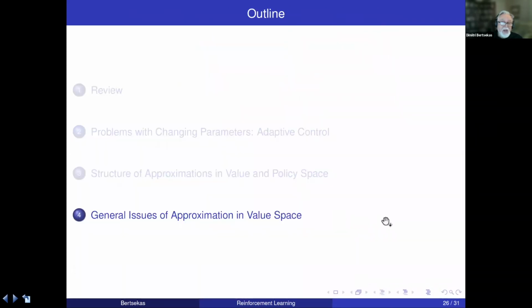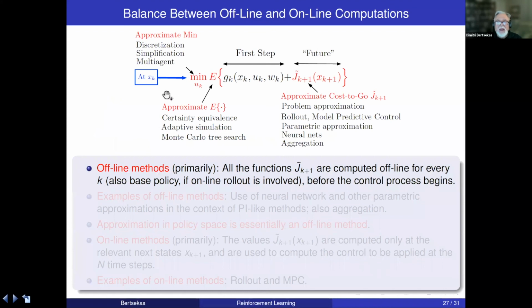Okay. So now let's look at some other general issues of approximation in value space. And let's return to our figure. This is the figure involving one step look ahead without rollout. But it applies also to multi-step look ahead.